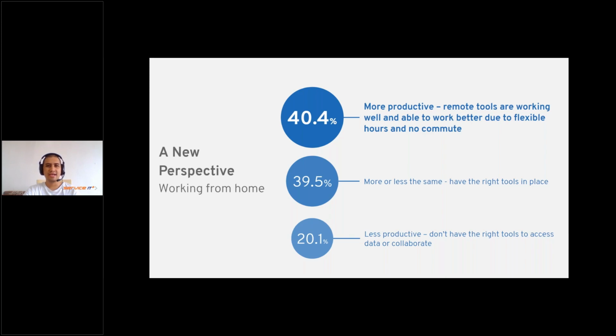And the reason for that is we have the right technology now to enable this. The people who are productive, based on the survey conducted, said that they have the right tools in their organizations that they can use to be as productive as they are in the office. The 20.1% who responded that they are less productive do not have the right tools in place.